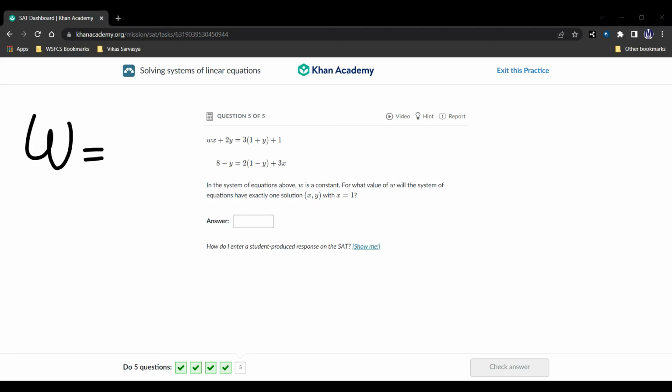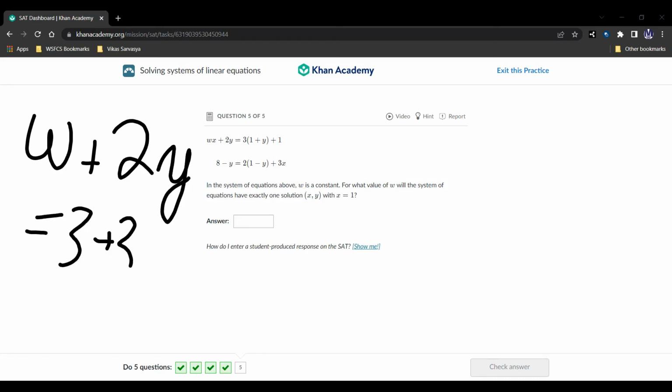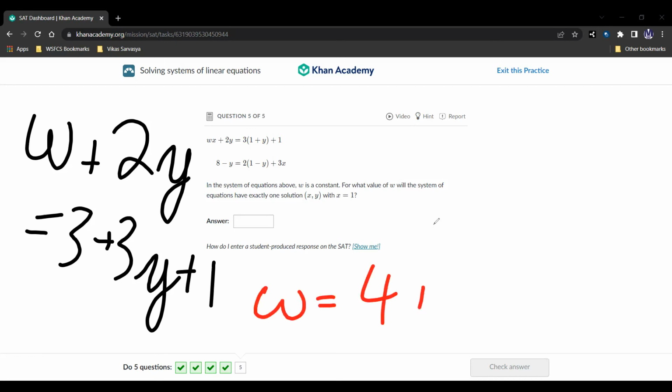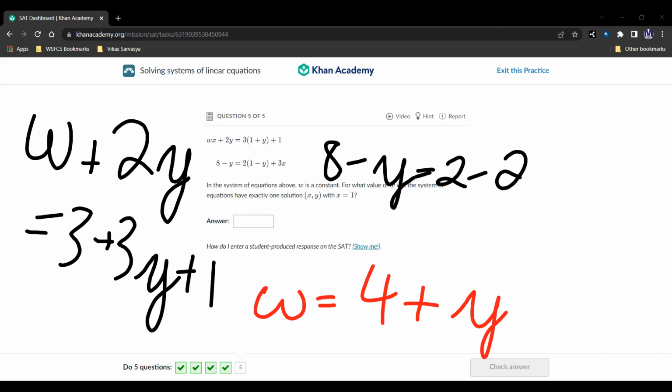We get w plus 2y equals 3 plus 3y plus 1. We can simplify this by subtracting the 2y from both sides, and we get w equals 4 plus y. Then on this second equation, that's where we find out what y actually is. We get 8 minus y equals 2 minus 2y plus 3x, and 3x is 3.